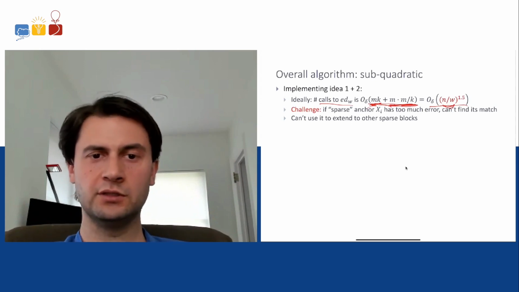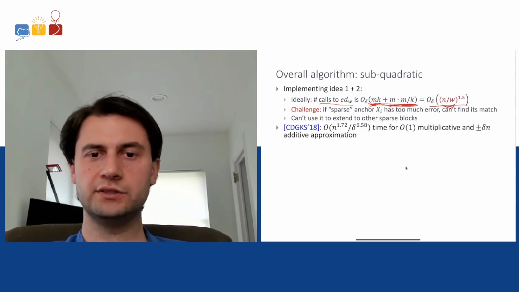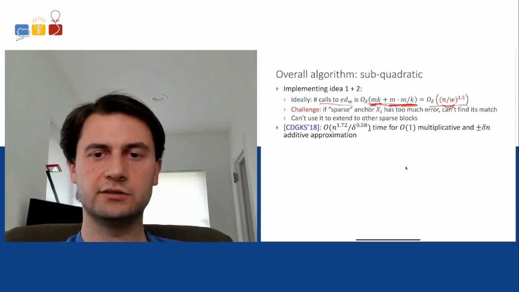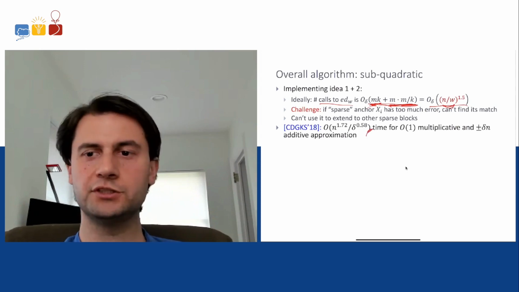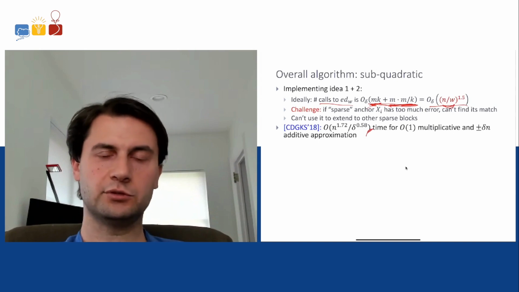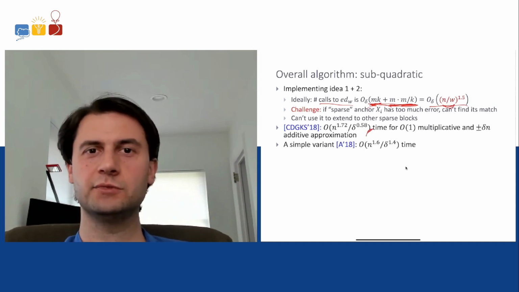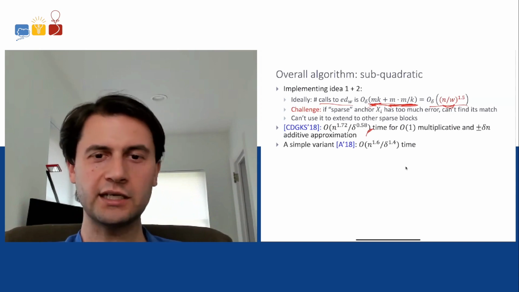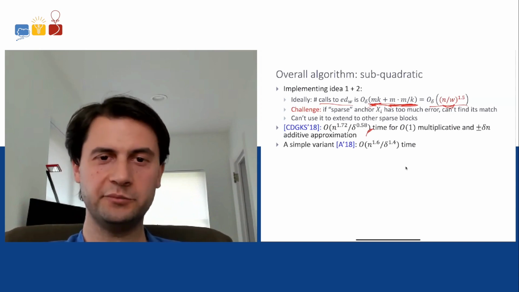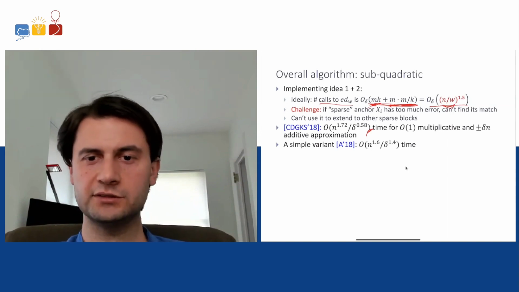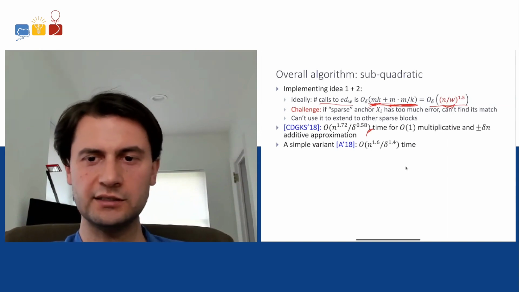It's possible. The original Chakraborty et al. paper had one way to deal with this, and this is the runtime as a function of delta that we obtain for constant multiplicative approximation and additive delta n approximation. I also had, shameless plug, a write-up after seeing their paper, trying to simplify the algorithm a little bit, that achieves slightly smaller runtime.